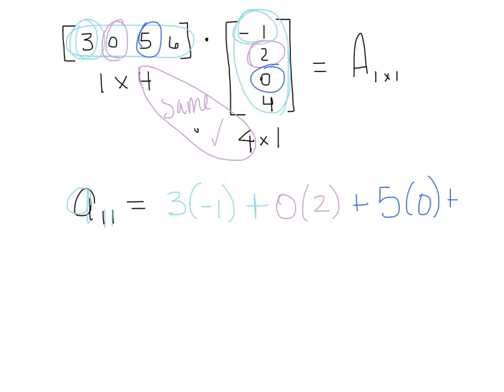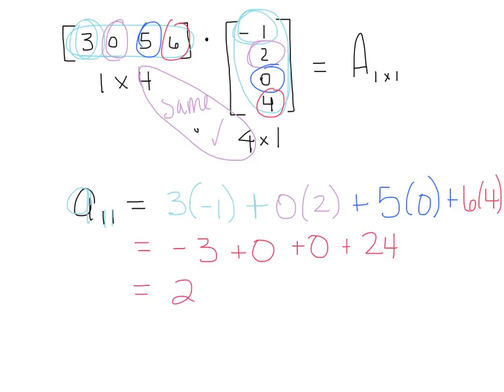And then finally, you pair up the last numbers, the 6 and the 4. And then you just add up every combination of those products. So I have -3 plus 0 plus 0 plus 24. So my answer is 21.